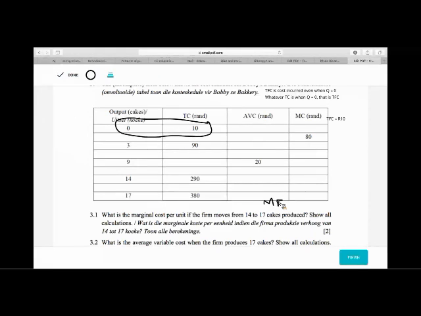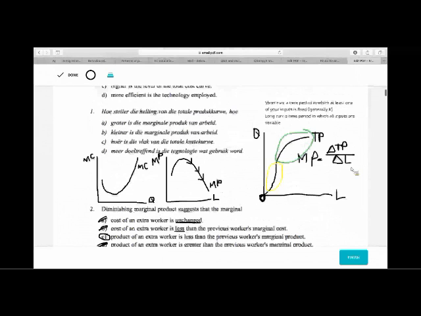So marginal cost is equal to the change in total cost over the change in quantity. So marginal cost tells us how total cost has changed when quantity changes.